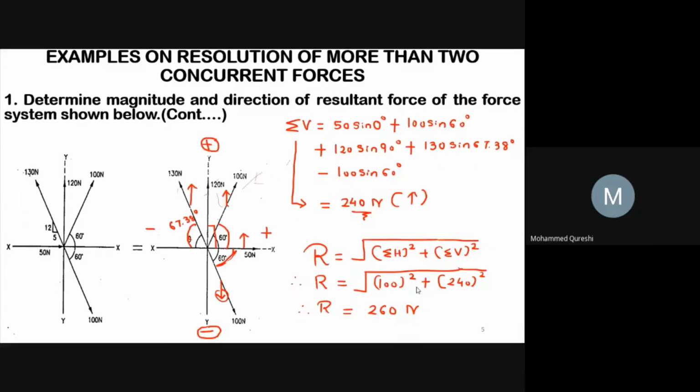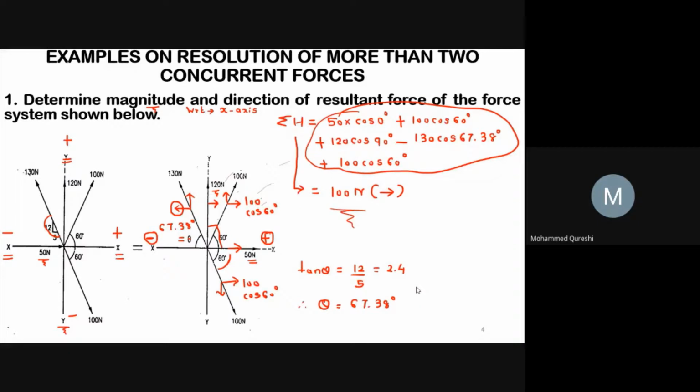Simple steps for finding the magnitude and direction of resultant force. Firstly, you have to calculate the value of theta if it is unknown. Then you have to calculate sigma h, summation of all the horizontal forces, and summation of all the vertical forces.